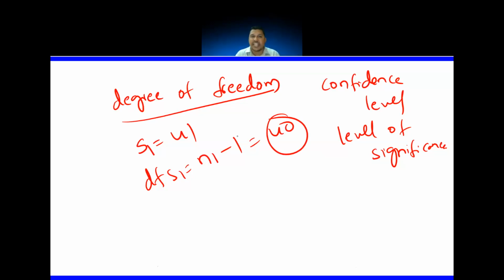These 40 variables can vary. When I am making a statistical analysis, the degree of freedom indicates the number of values which can be used in the final calculation and are free to vary. These 40 values can change.